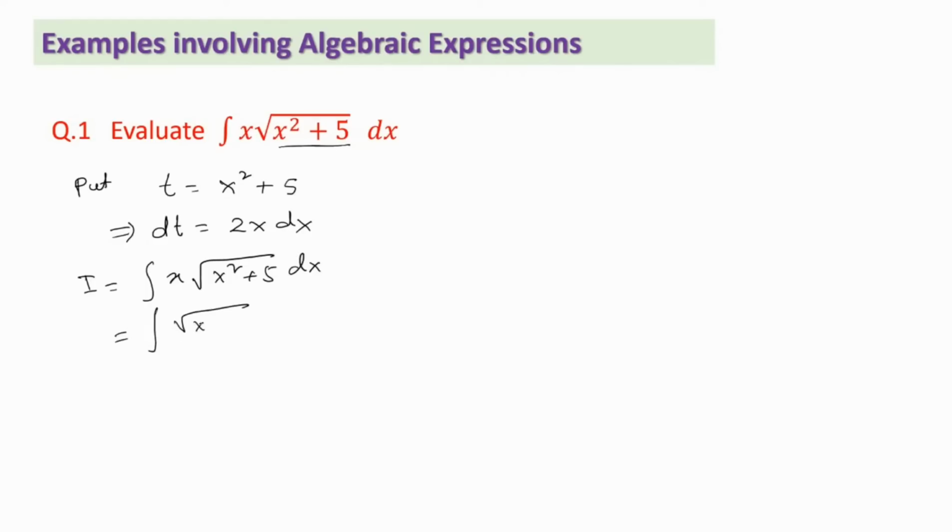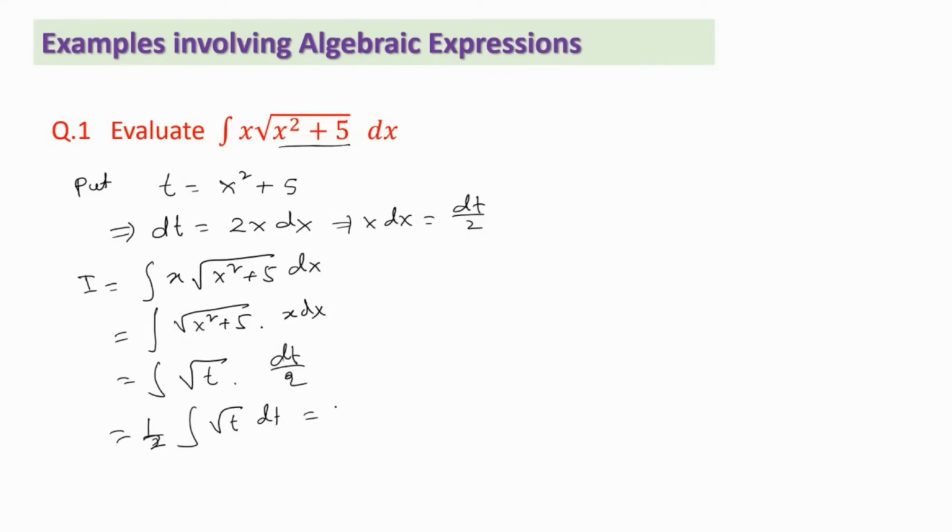I rewrite it; you can avoid these steps, but here I am writing them to make it clear. The square root of x squared plus 5, where x squared plus 5 is our assumed t, is the square root of t, and from x dx you get dt over 2. So this is equal to half the integral of the square root of t dt.